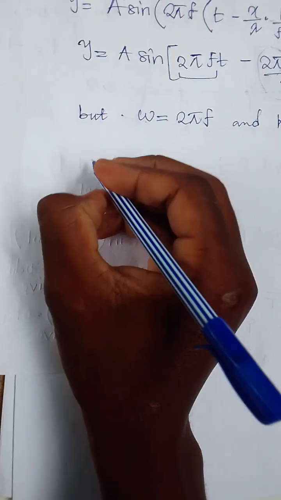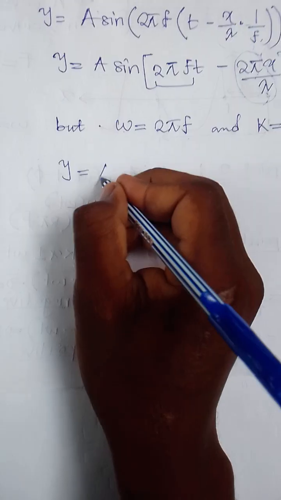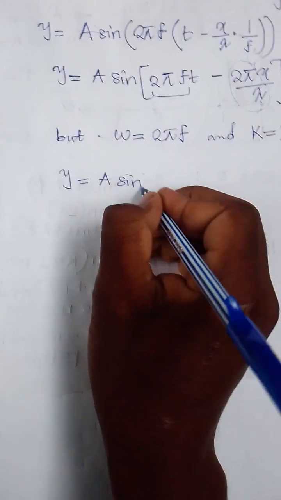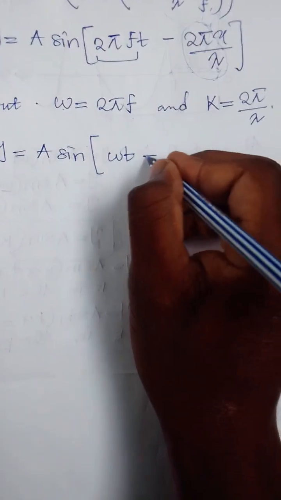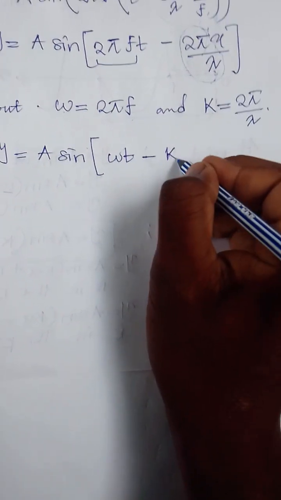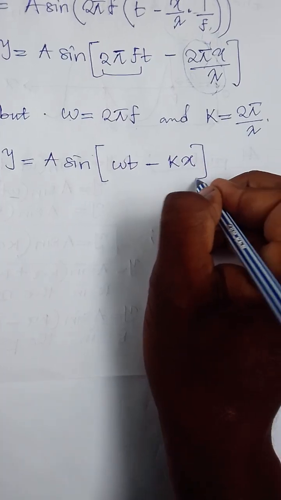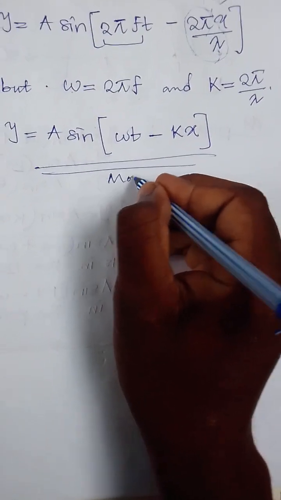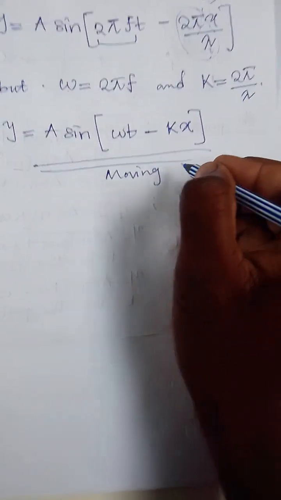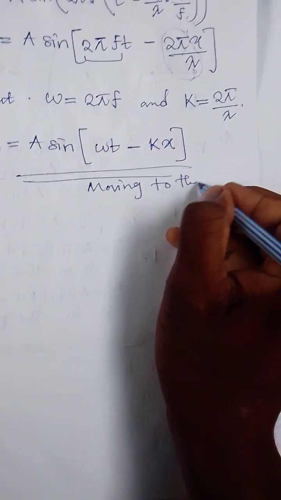So just replace there. Replacing, we get y is equal to a sine omega t minus kx. Okay, so this is the formula when it is moving to the positive.